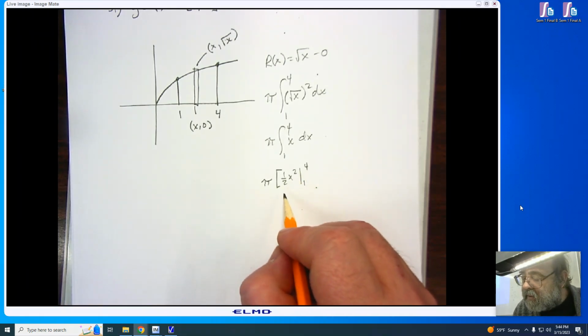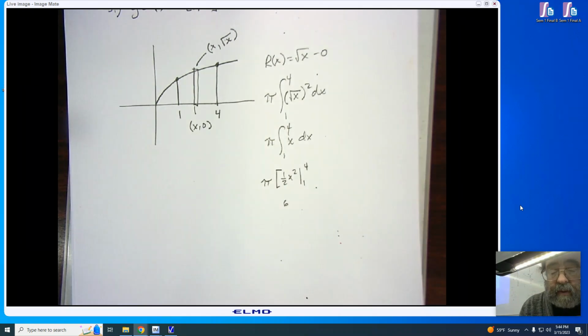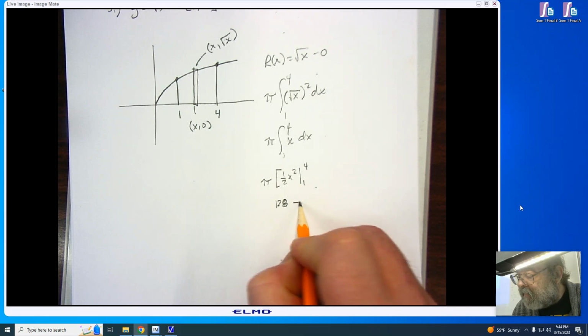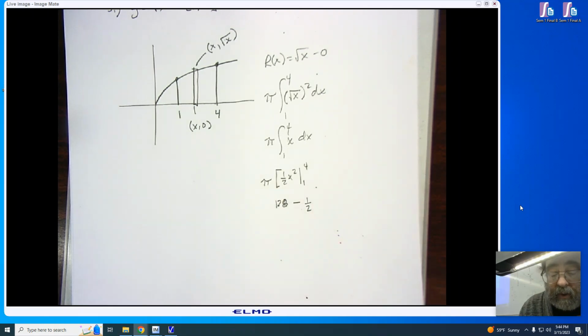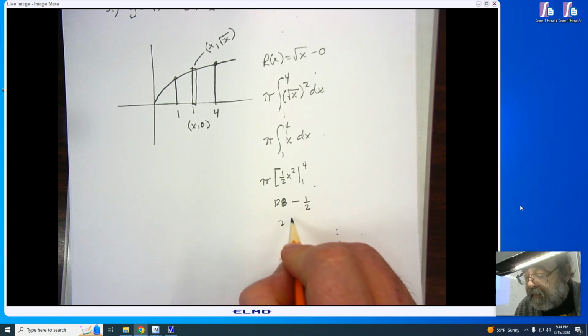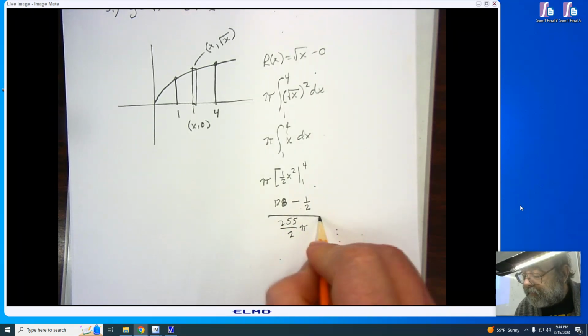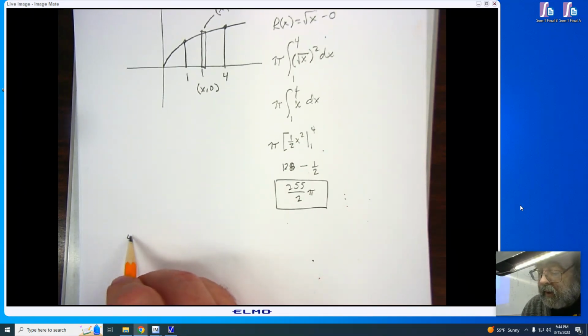So I have 128 minus 0.5, which is going to be 255/2 pi, or 255 halves pi.